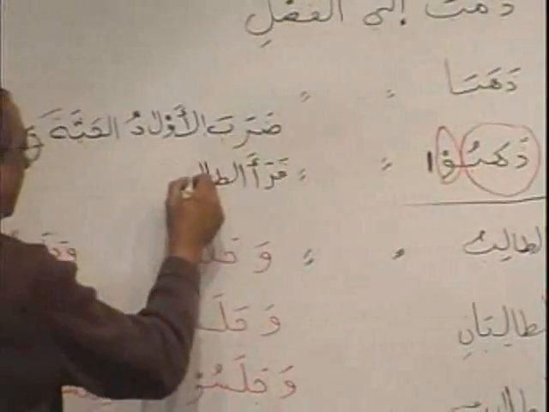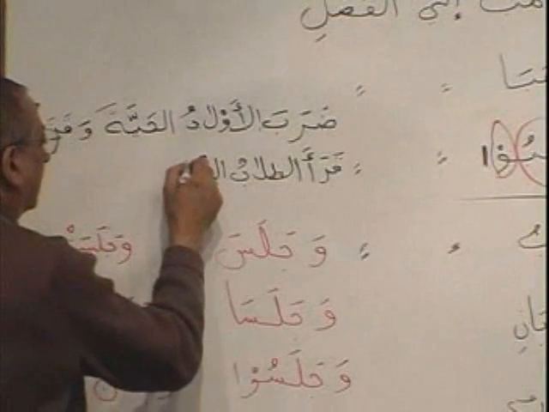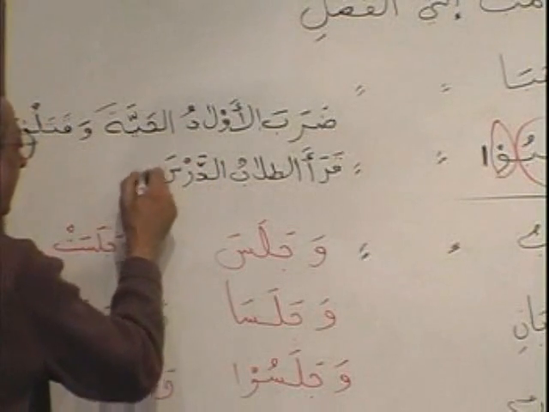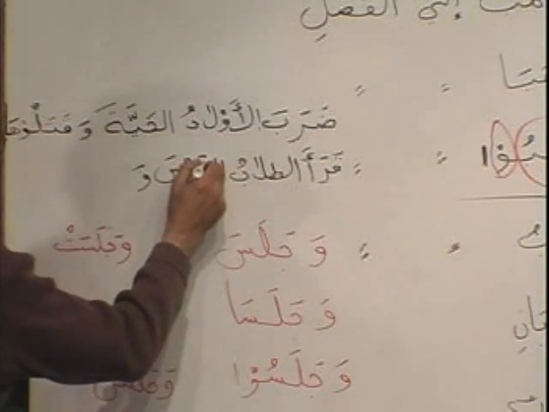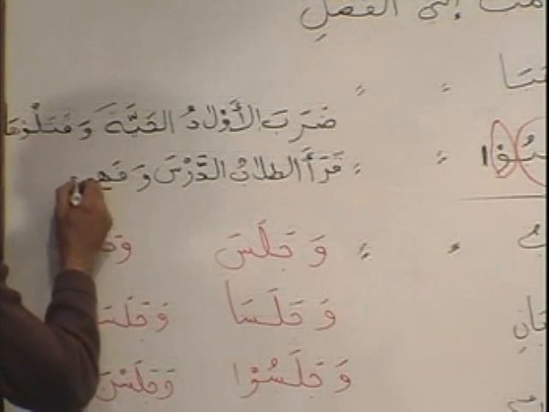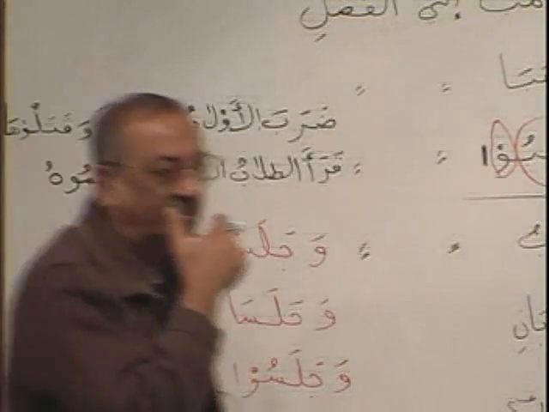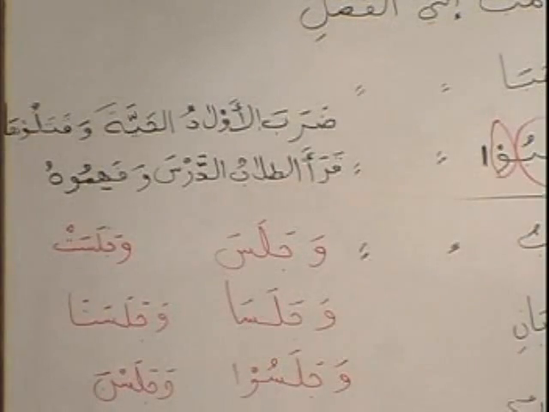Kara'at tullabu ad-darsa wa fahimuhu. Darsa is mudhakkar. Fahimuhu. Sahi? And they understood it. They understood it. Very good.